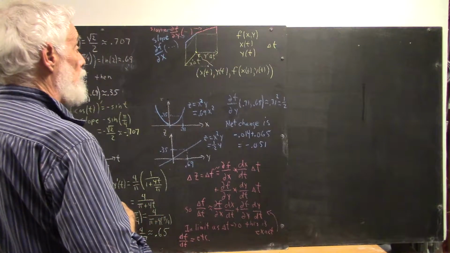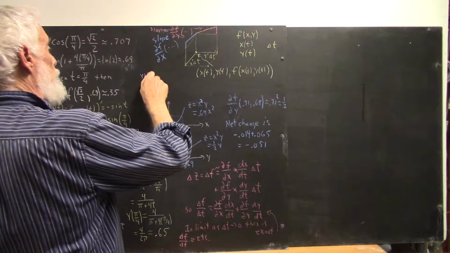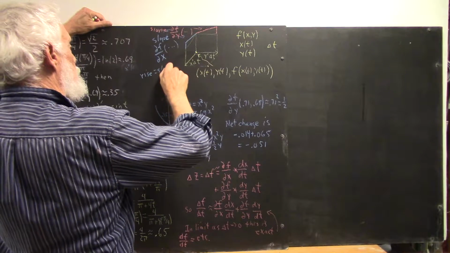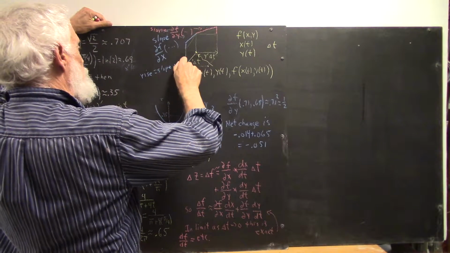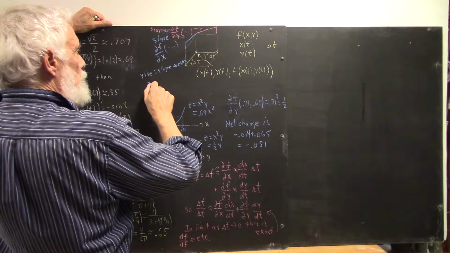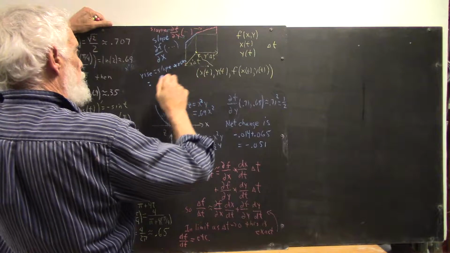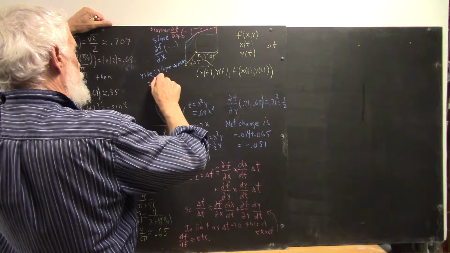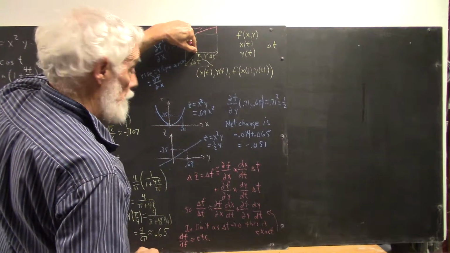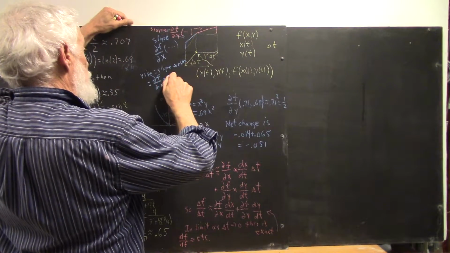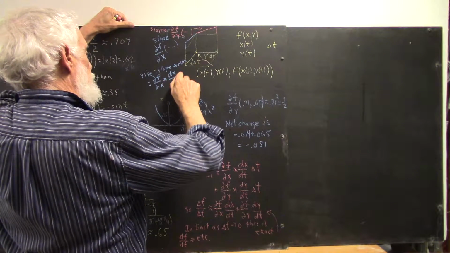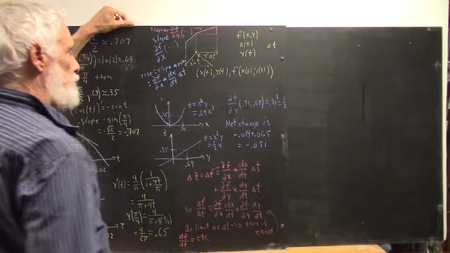So that in this direction, the rise equals slope times run, maybe a little hard to read, which equals what? Well, I'm going to write the slope first, partial of f with respect to x, understanding that that's evaluated at the coordinates of this point, multiplied by, instead of x prime, I write dx dt times delta t.